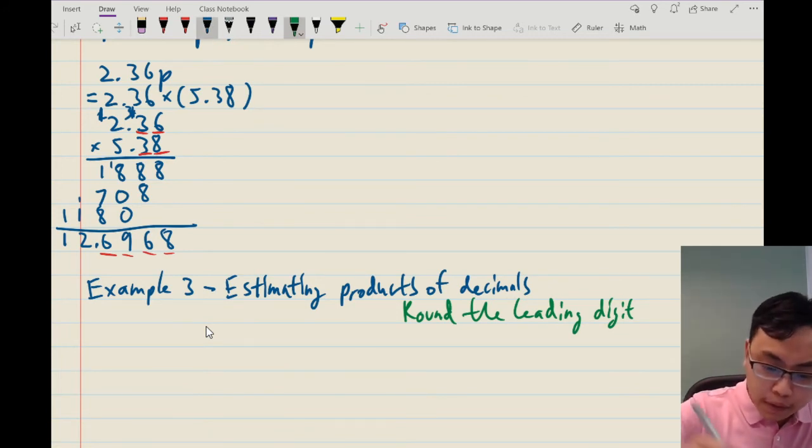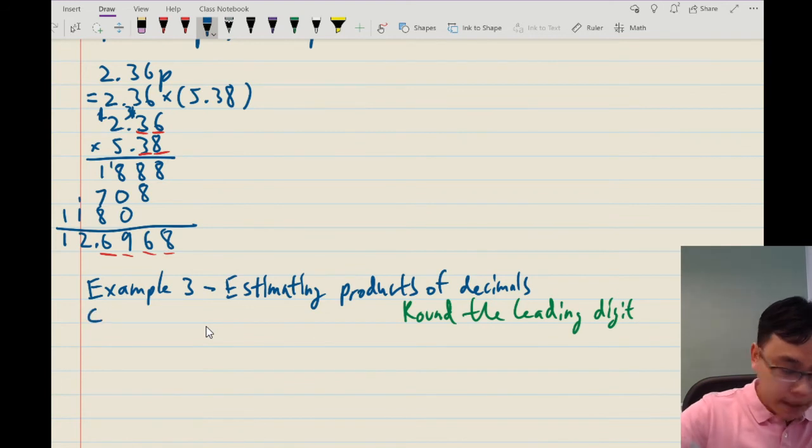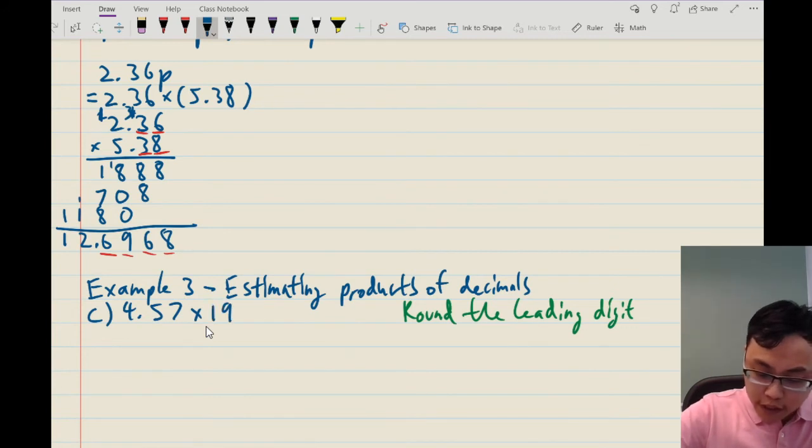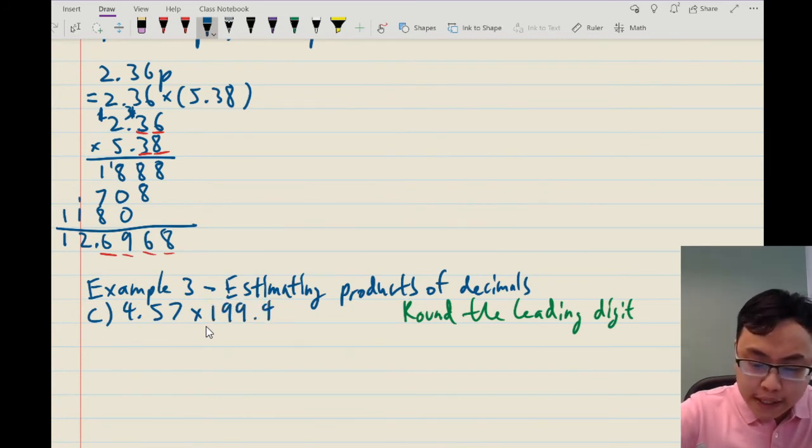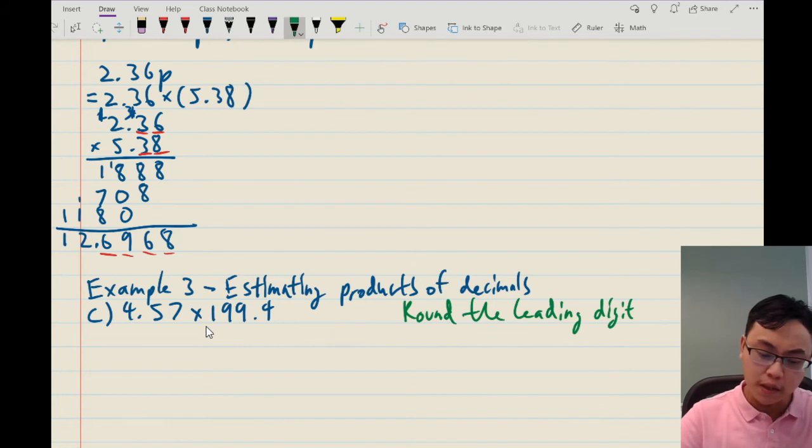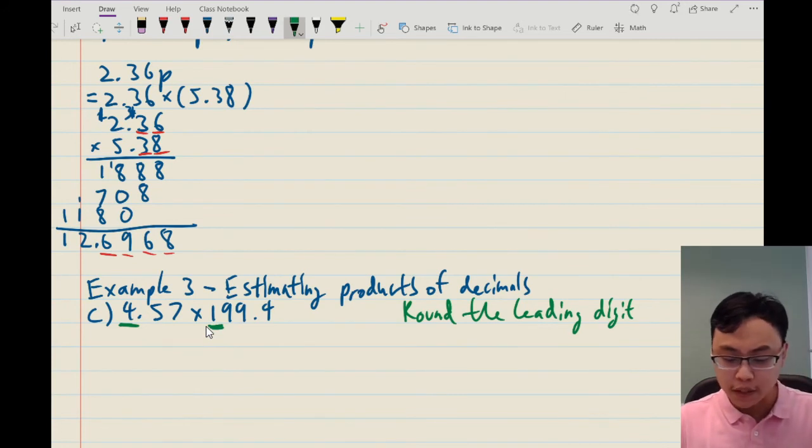So for example, let's say this one is example C. We have 4.57 multiplied by 199.4. What is the leading digit for both of these numbers? The largest place value is the ones digit, which is 4 over here. The largest place value for the second number is that 1, which is the hundreds place.